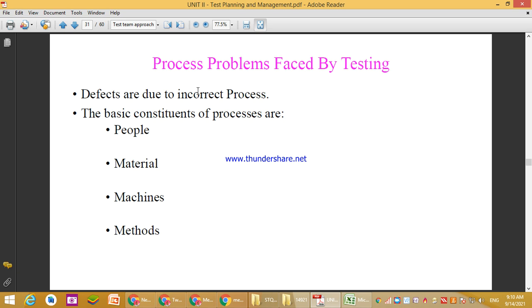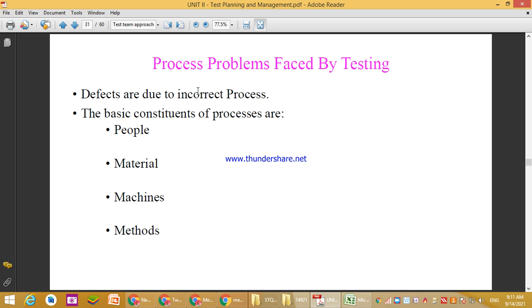Defects occur when we follow an incorrect process. Again, when I am reading this line, it doesn't mean that defects occur only by following an incorrect process. There may be different problems also. There may be different ways, different reasons because of which defects occur.